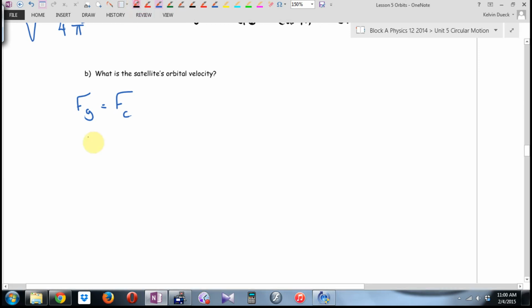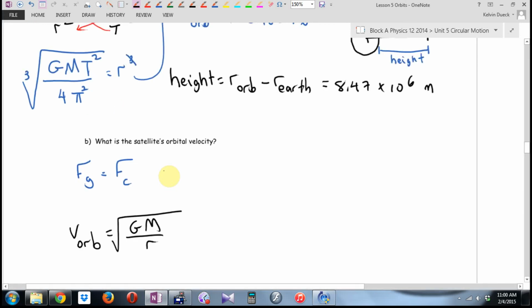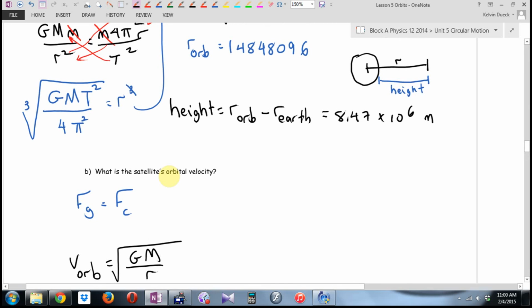Since we just did it, it's still in my brain, but I can always derive it if I forget. Which R am I going to use? The height, 8.47 times 10 to the 6th? Or the orbital radius from the center of the Earth? Make sure you use the orbital radius from the center of the Earth.